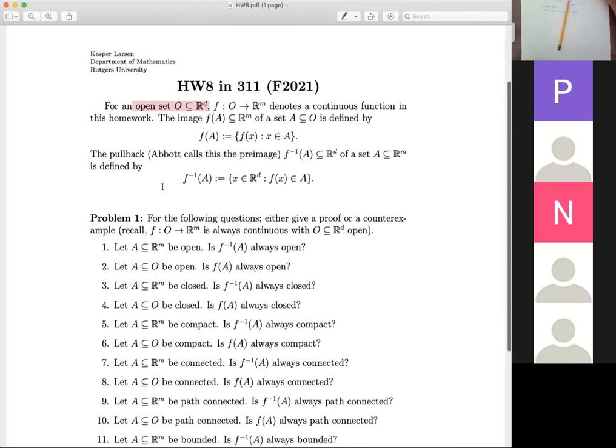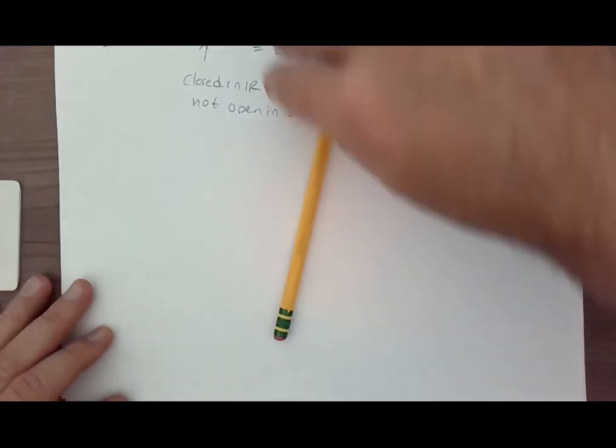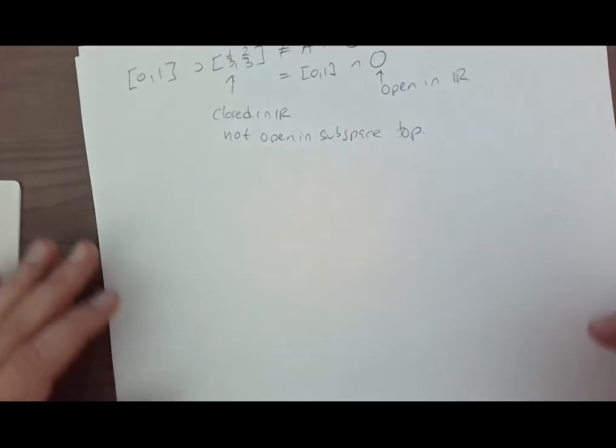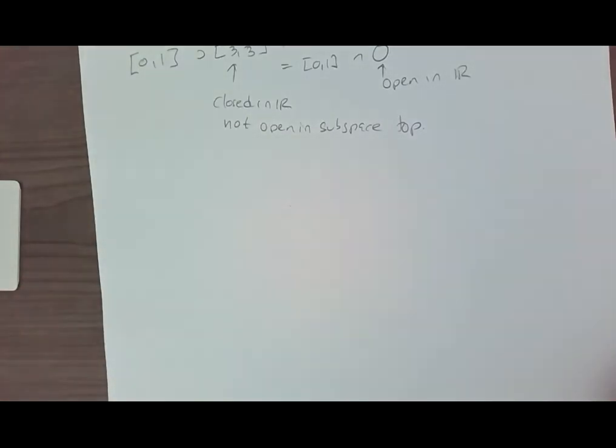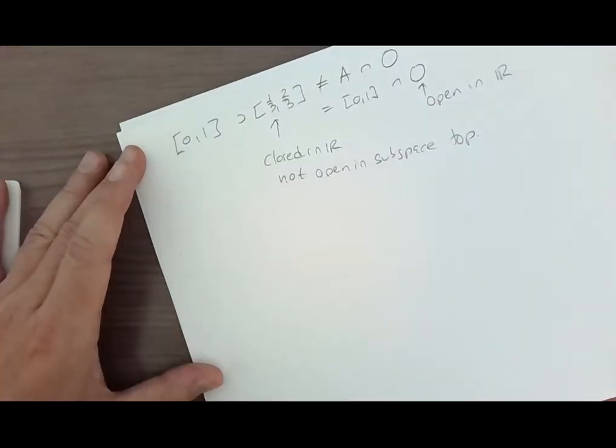This O here is always open in this problem. And what Priya is striking at is, why on earth do I keep saying this is open? Well, let me show you why. What about this openness? So let's do an example.